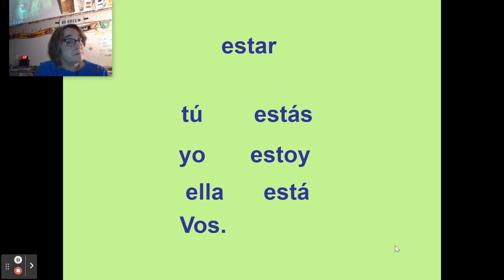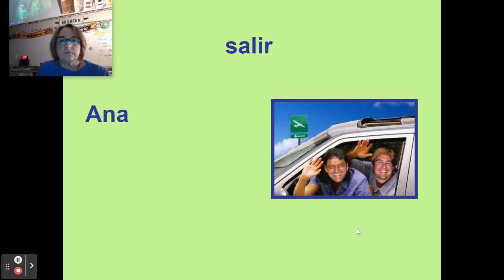Vosotros estáis. How do you remember which vowel to put the accent on? For vosotros, it's always over the first vowel of the ending. So there are always 2 vowels in the vosotros ending. You're going to put the accent on the first one. That's a lie. The IR verbs don't have 2 vowels, they're just is.